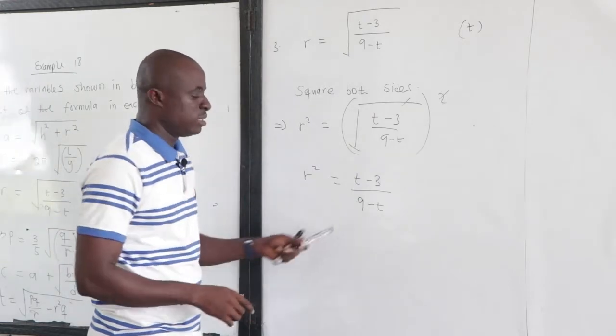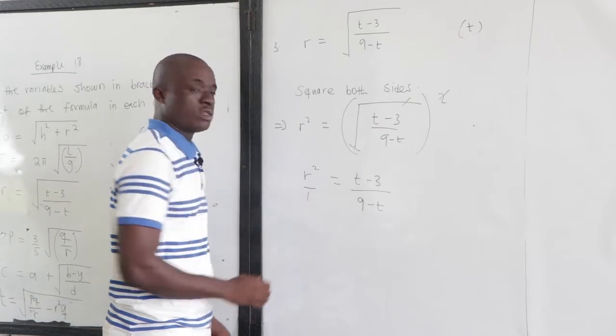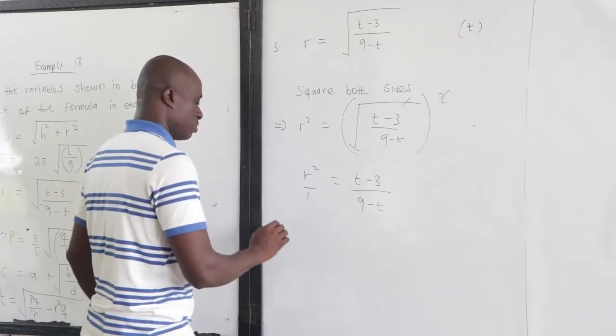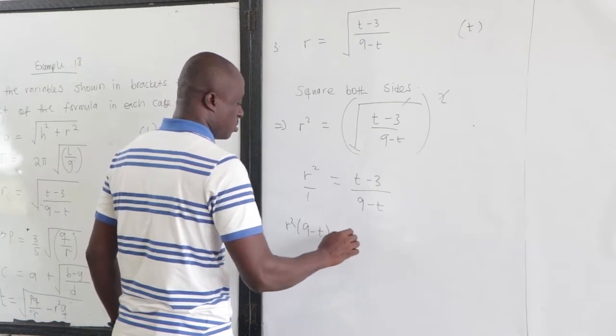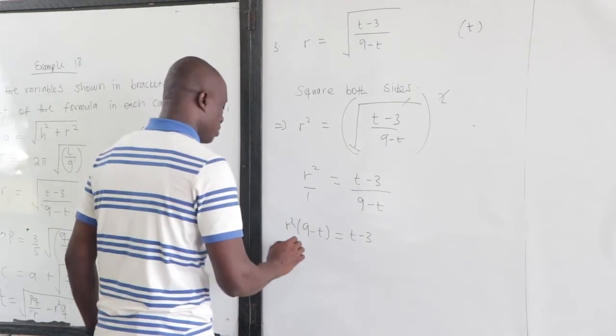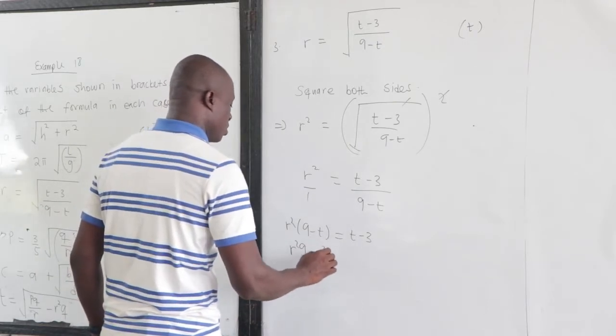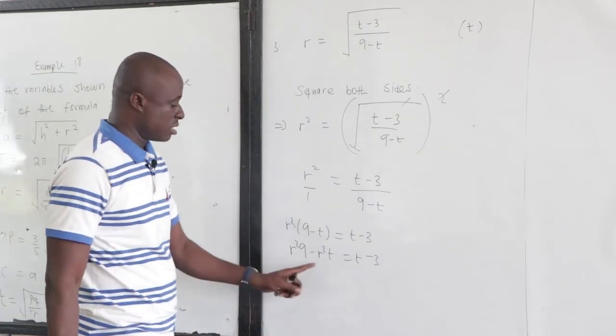We want to make t the subject. So what should we do? We can cross multiply. This whole thing is over 1. So you have r squared times 9 minus t equal to t minus 3. So here we have 9r squared minus r squared t equal to t minus 3. I want to make t the subject. There's t here, there's also t here.